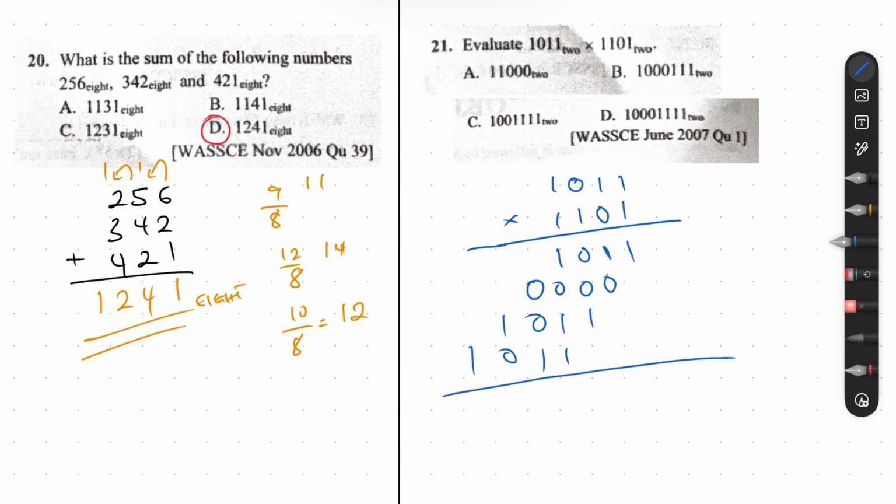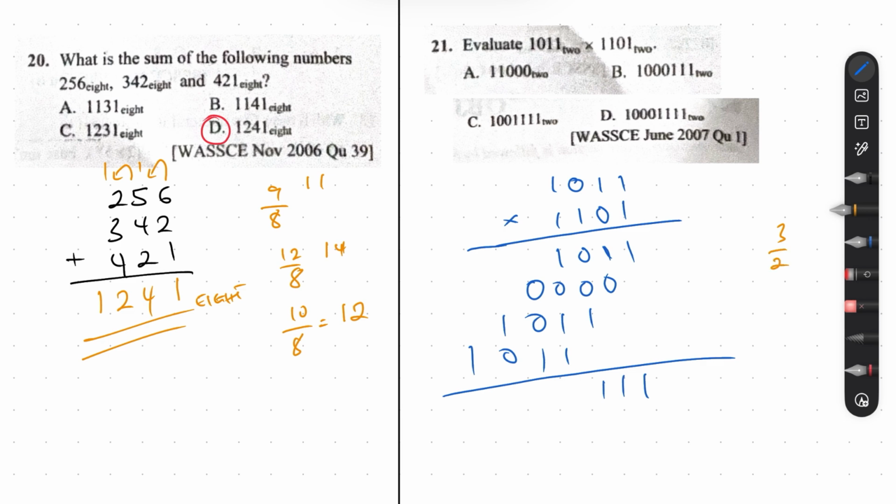So this one will come here. This one, similarly, also comes here. 1 plus 0 will give us 1. And here also 0 plus 0 plus 1 will give us 1. Then here we have 1 plus 1 plus 1, which is 3.